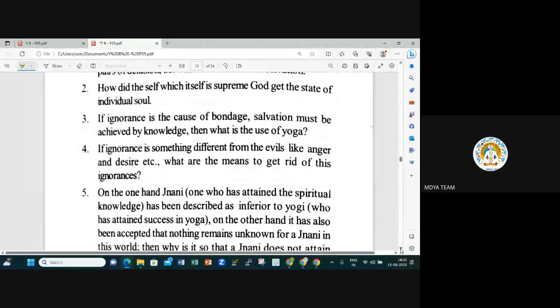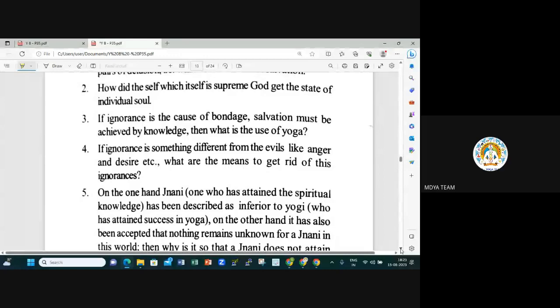If ignorance is something different from the evils like anger and desire, etc. Here anger and desire are called evils. So you have to remember evils means the kleshas.